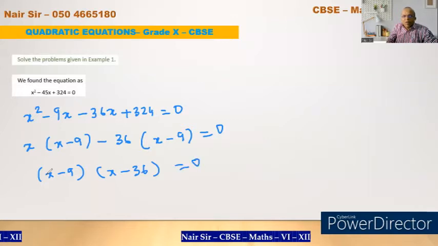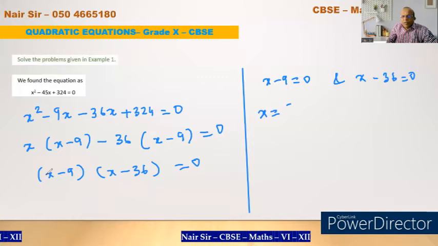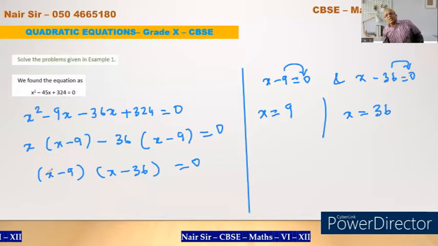Now, solving this, x minus 9 is equal to 0 and x minus 36 is equal to 0. Transposing, the negative becomes positive, so x is equal to 9 and x is equal to 36. So my answer to this question is 9 and 36.